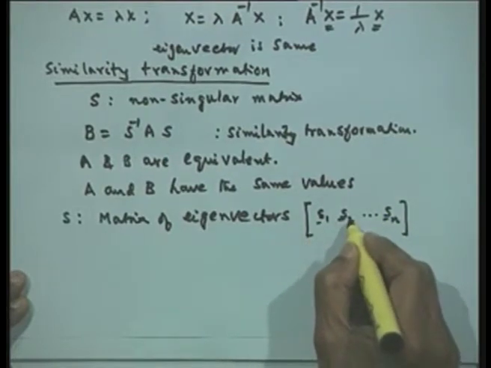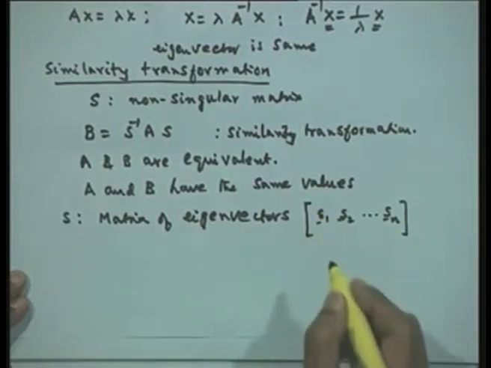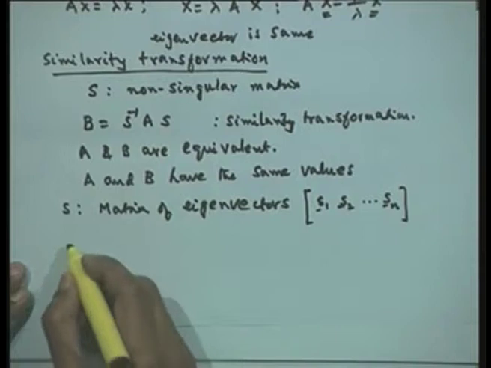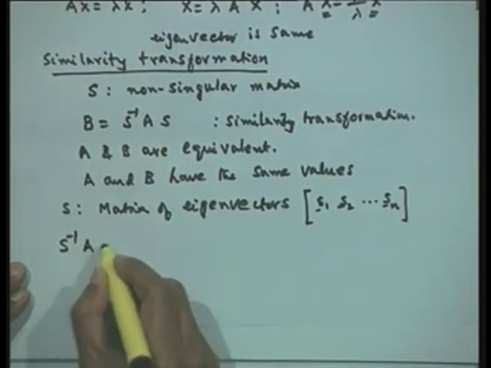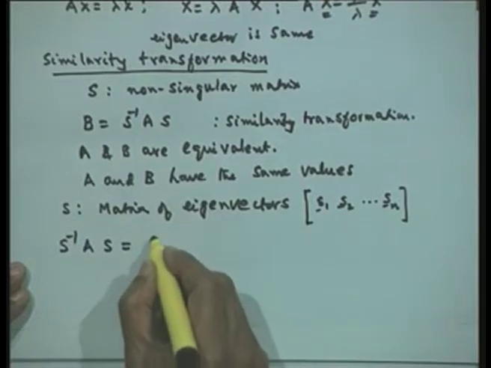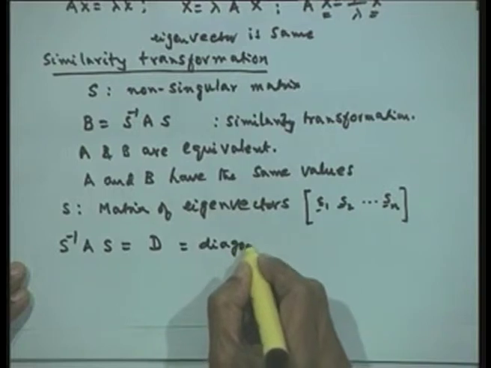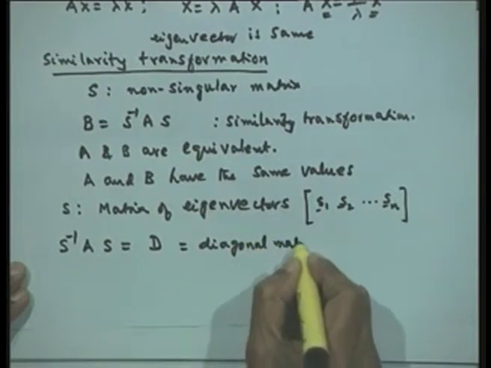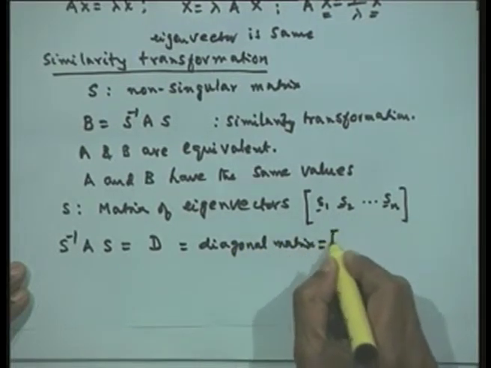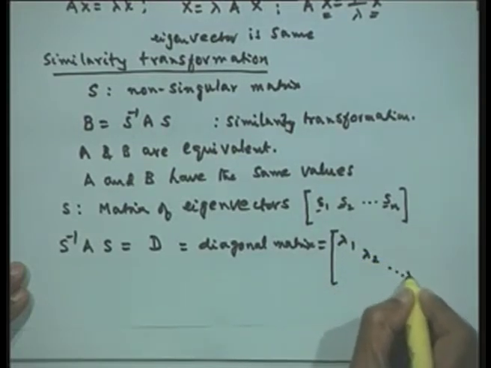S1 is the first column vector, S2 is the second column vector, and Sn is the nth column vector. So, this is the matrix of eigenvectors. Then S inverse A S would always reduce to a diagonal matrix, and the eigenvalues are placed on the diagonal.